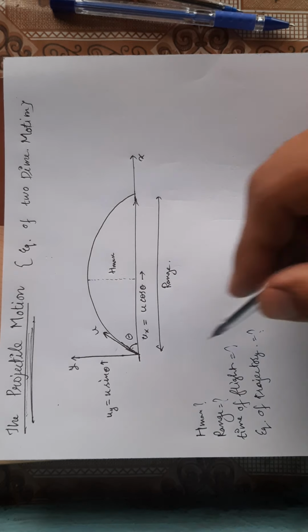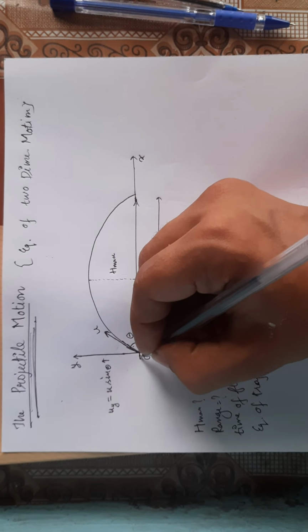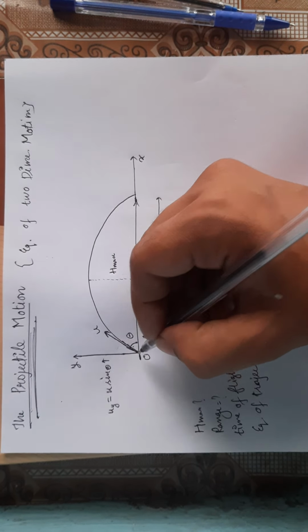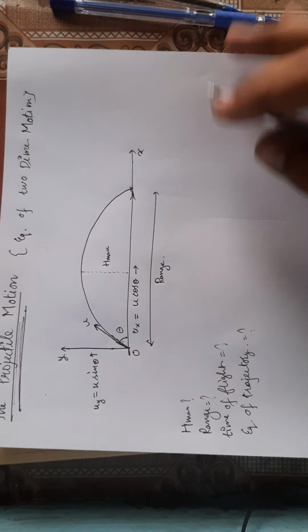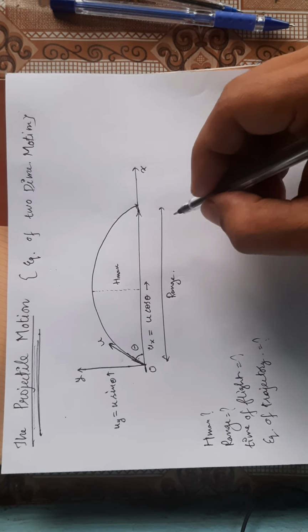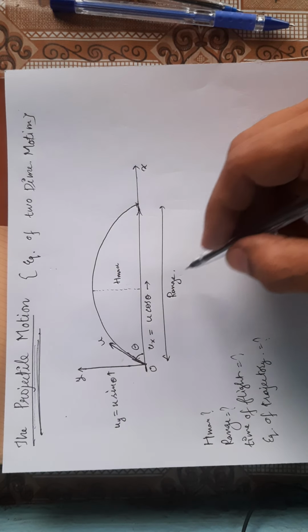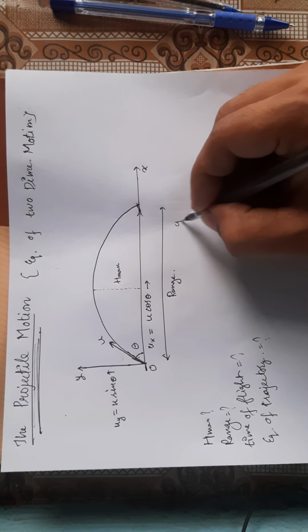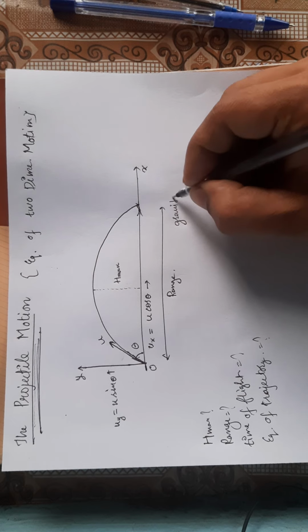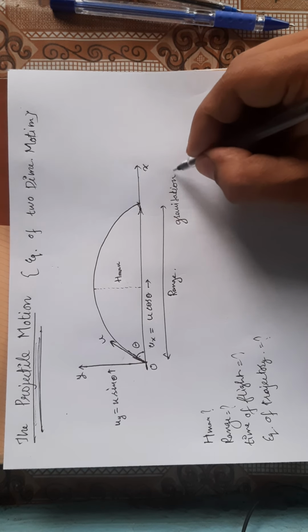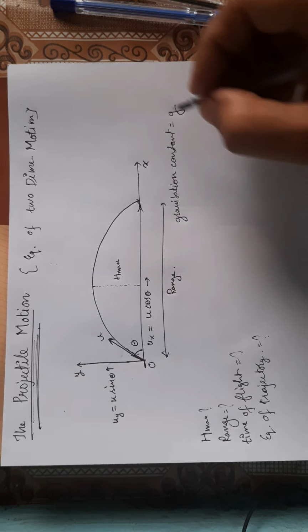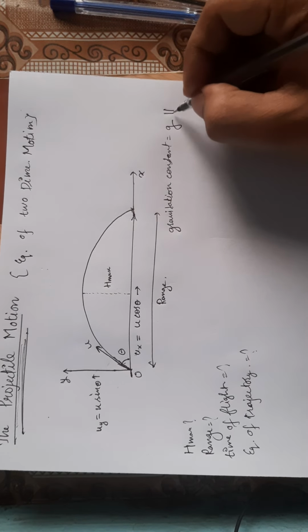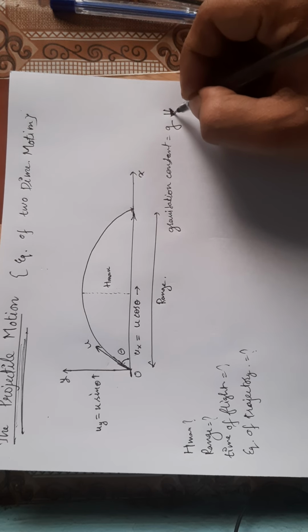Here this is the origin, and in this projectile motion we assume some things: the gravitational force acting on the particle is the earth's gravitational force, so that we can take the gravitational constant g, whose direction is downward.